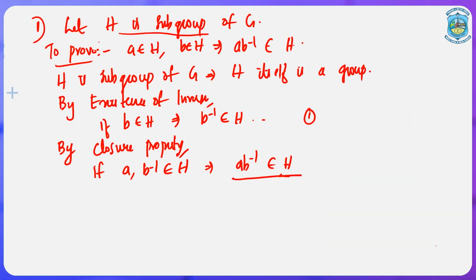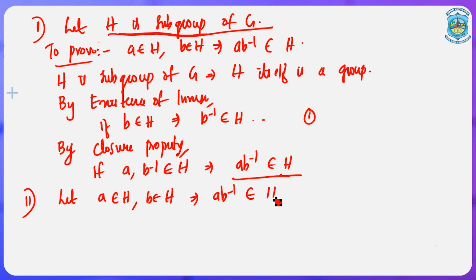We have already proved that if H is a subgroup of G, then AB inverse belongs to H. Moving into the second part, here we assume that if A belongs to H, B belongs to H implies AB inverse also belongs to H. This is the portion we have assumed, and what are we supposed to prove? We are supposed to prove that H is a subgroup of G.